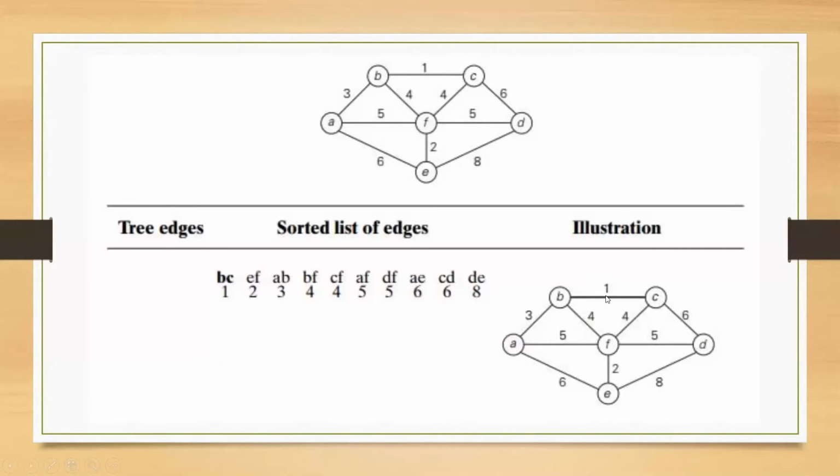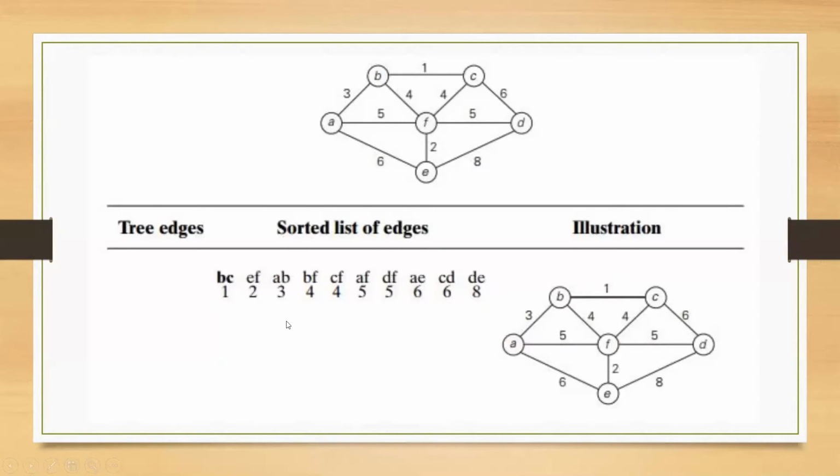This is the first step. Now one subgraph has been chosen, that is BC: two vertices B and C and the edge BC. One subgraph has been included in the growth of the spanning tree, in the process of finding the spanning tree.